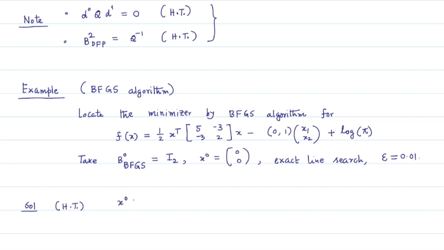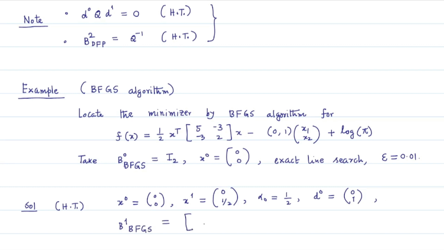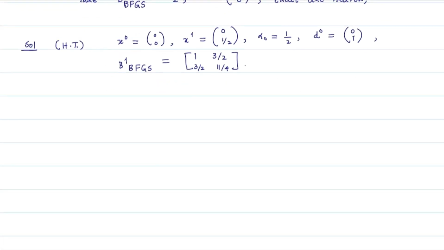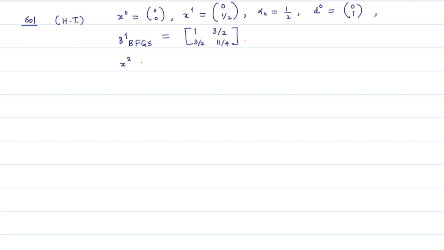You may check that for the given x naught, the value of the vector x1 is 0, half, the step length alpha naught is equal to half, the direction d naught is this unit direction, and B1 BFGS is this matrix, and you will end up with the point x2 as the point 3, 5.